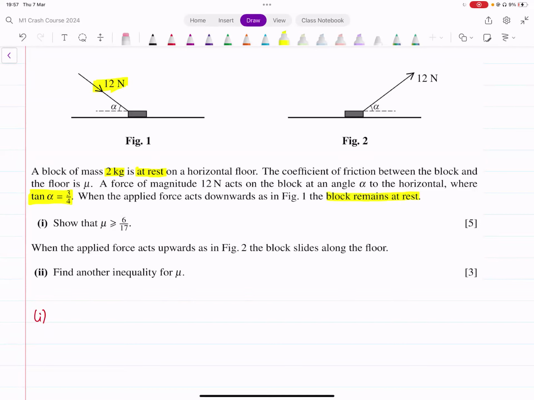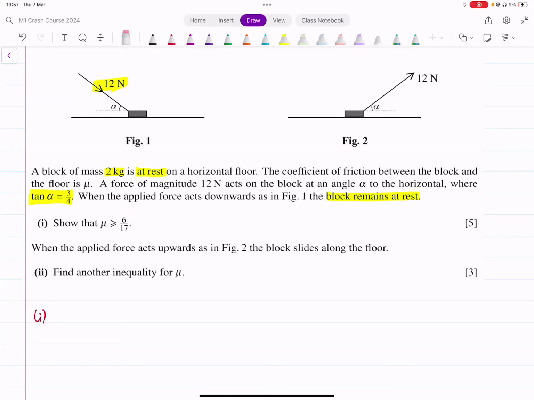So it remains in equilibrium. In the first part, what they ask us to show is that mu is greater than or equal to 6/17.